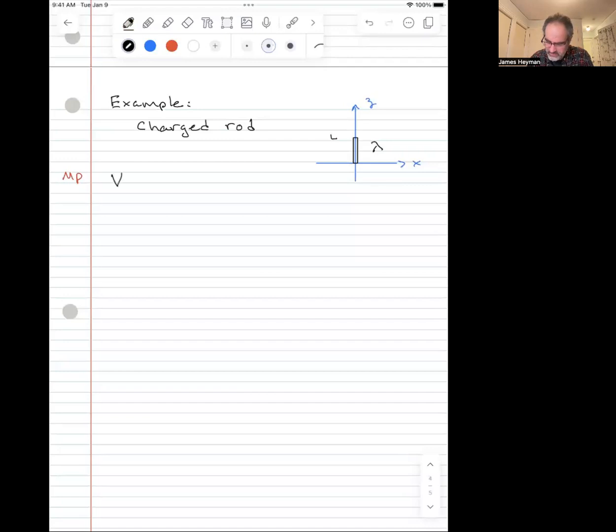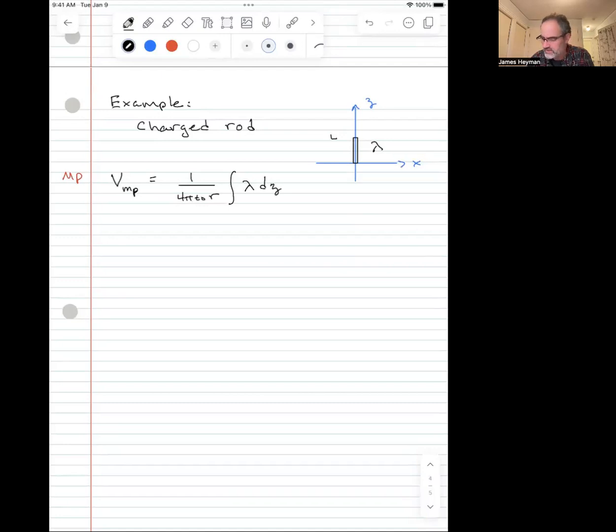So the first term, what I'll call V monopole, this is just 1 over 4 pi epsilon naught r times the integral of the charge density over the volume. Well, in this case, we replace the integral of a 3D charge density over a volume by the integral of the linear charge density over a line.